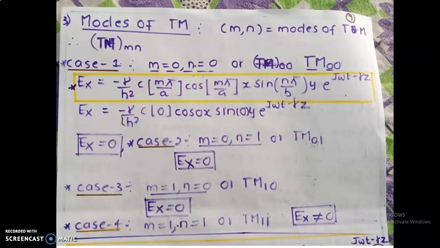Once you substitute the value over here, I can say that Ex is not equal to 0. Now I can say that for m equal to 1, n equal to 1, only the TM mode will exist. So the TM mode exists from 1 1, that is m equal to 1 and n equal to 1. This is called the higher mode.